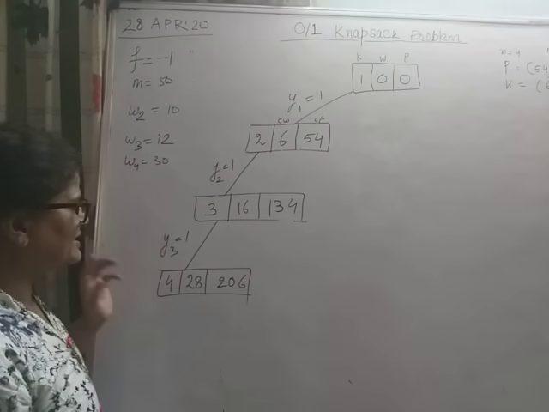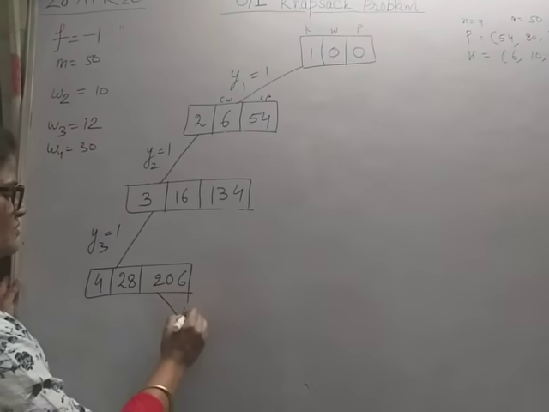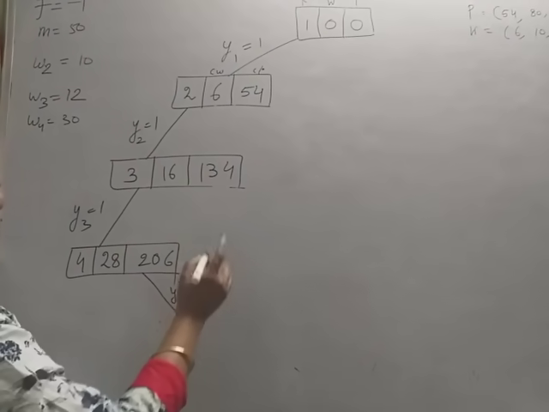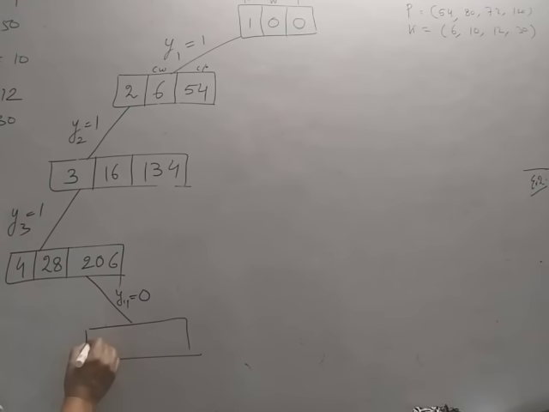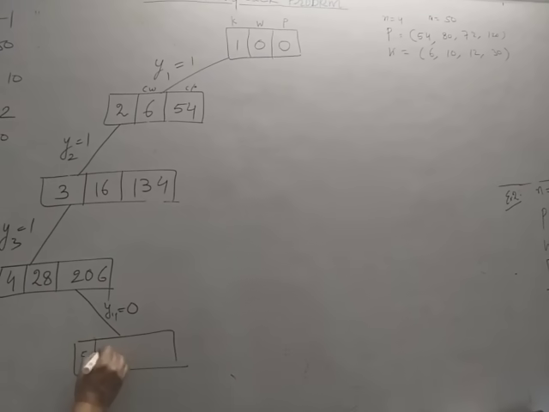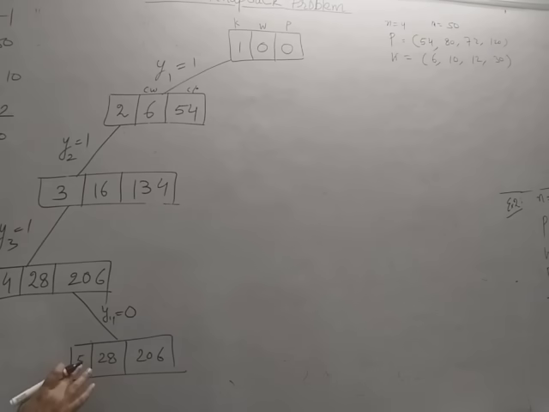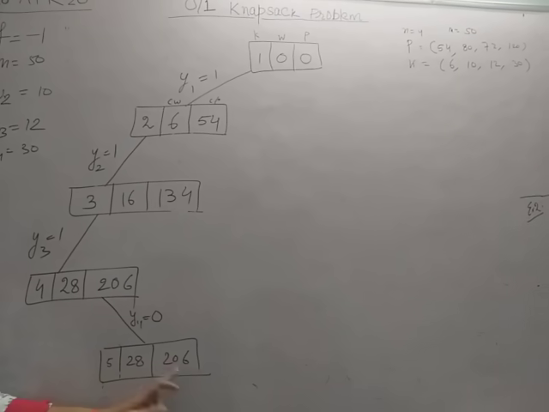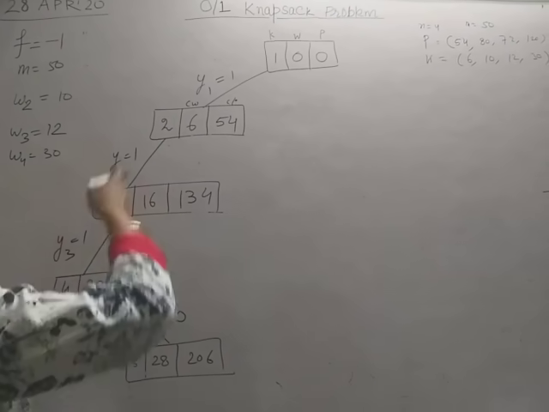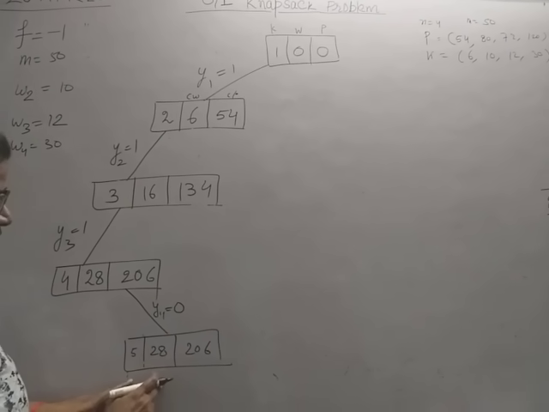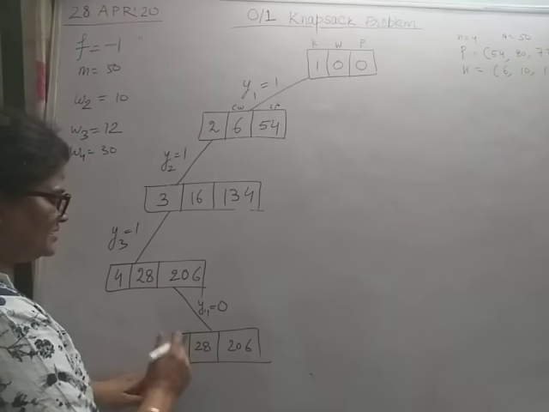Okay, so y4, if we take, y4 equal to 0, because there are 4 objects only. And this one is what, 5, 28 and 206. Okay, and here it will terminate, 28, 206. So one solution is what? Now I will reach the leaf node, here there is no recursion.